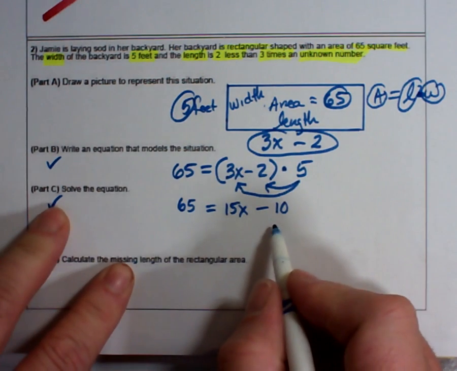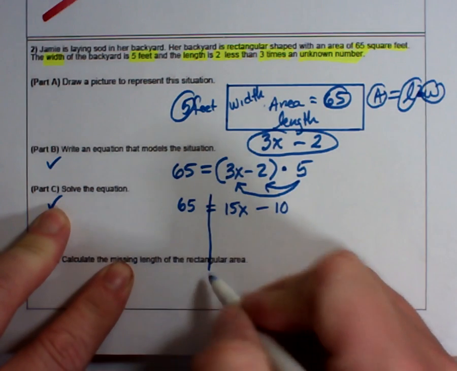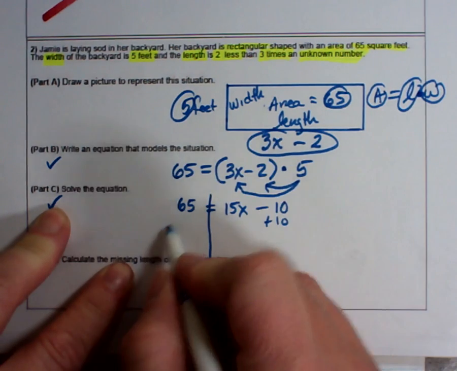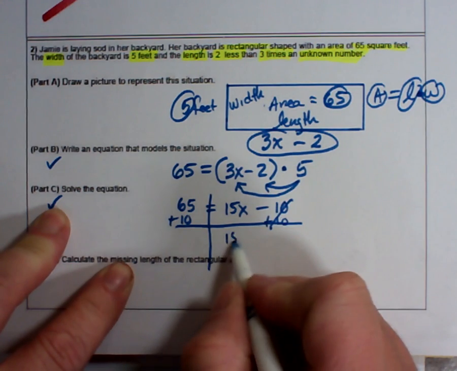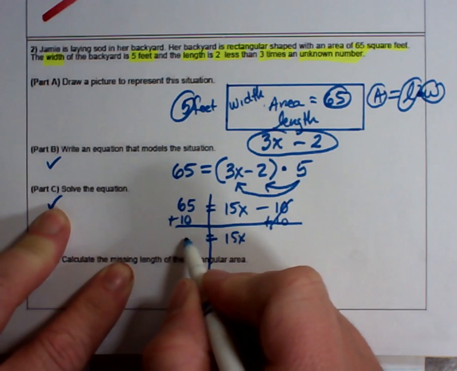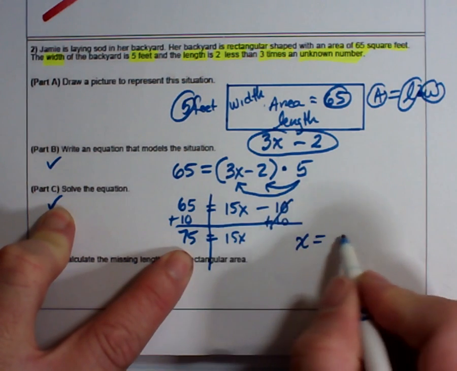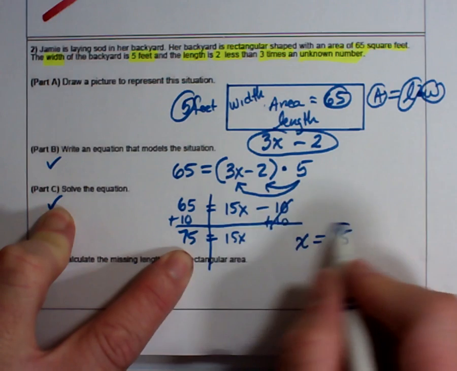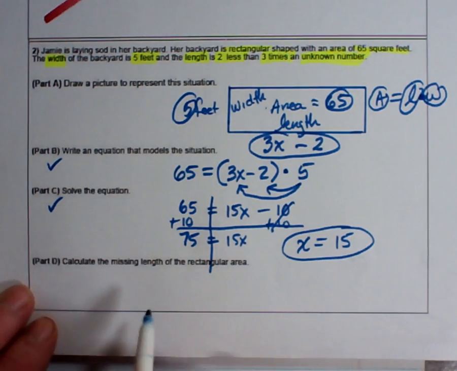So I am going to then go to inverse operations, where I'm going to add 10 to both sides. And I have 15x equals 75. If I divide by 15, I end up with x equals 15. When I have a solution, I want to put a circle around it, and I've solved it for x.